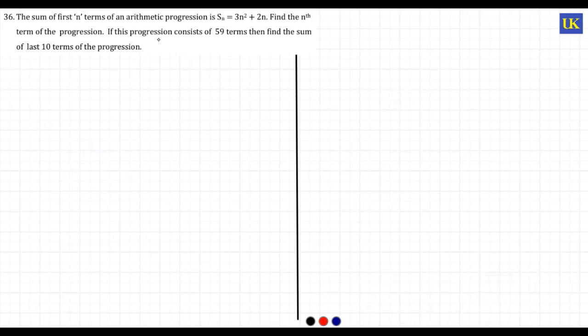Now in this progression, what they are saying is to find the sum of the last 10 terms. We got the last term just now, so 353 is our last term. If I write it in a reverse way, because we have to find from the last 10 terms, so 353, then 11 and then 5.